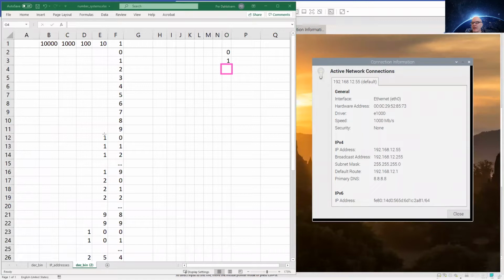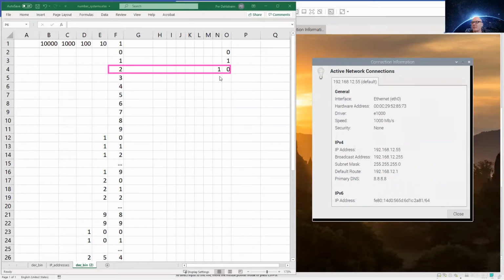What we did over here in the decimal number system when we ran out of symbols was that we moved 1 position to the left and we marked there that we had counted 1 time 10. But in this case here in the binary system, it is 1 time 2 and 0 times 1. 1 0 in binary is 2 in decimal.